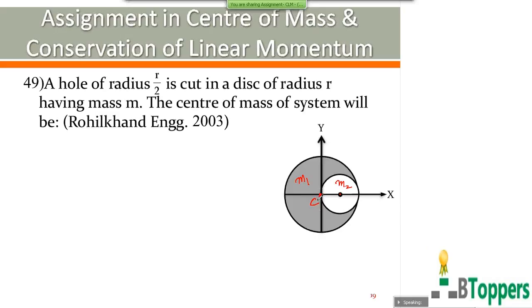C lies in between C1 and C2. C2 means the center of mass of M2, C1 means the center of mass of M1. Here M1 is the mass of the remaining plate, M2 is the mass of the circular piece which is cut out.